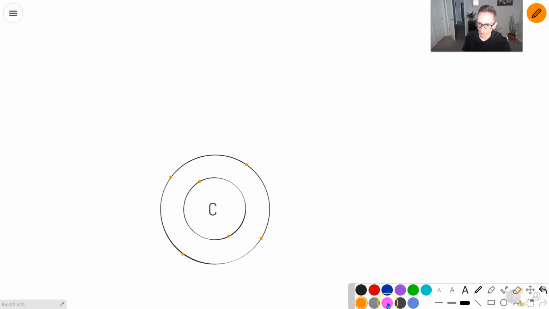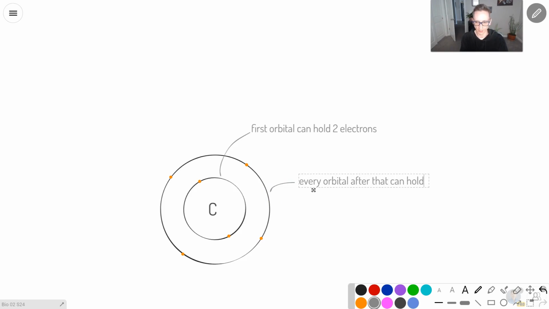So let me write down these little notes that I just said. First orbital can hold 2 electrons. Every orbital after that can hold 8. Okay?